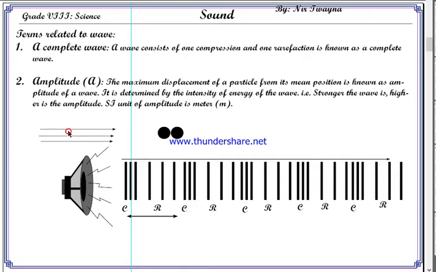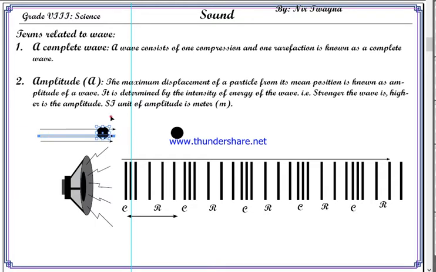That depends on the amount of energy being applied. If you apply more energy, then it might go even farther, isn't it? If you apply a very small amount of energy, then it might just go a little bit and then come back to its original position. If you apply more force, it might go like this.